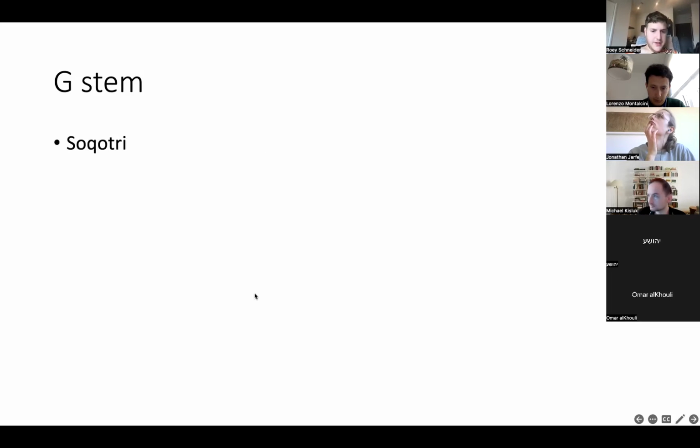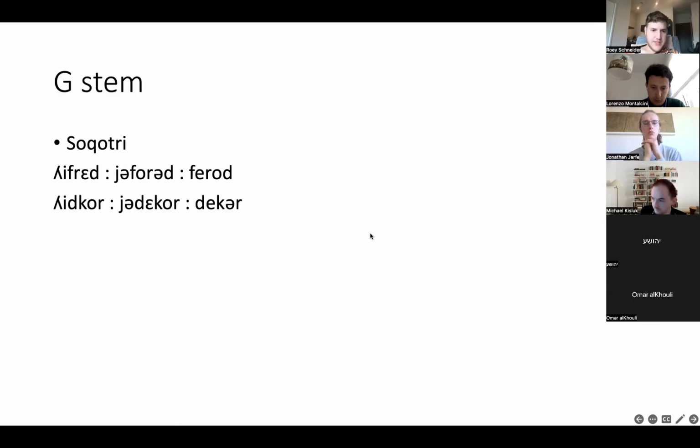Okay. Now, if we talk about modern South Arabian, we can also see these nice vowel groups, but they're a little bit different. So, for example, we have in Sokotri, this is the subjunctive, yifred, yifored, the future, ferod, past.